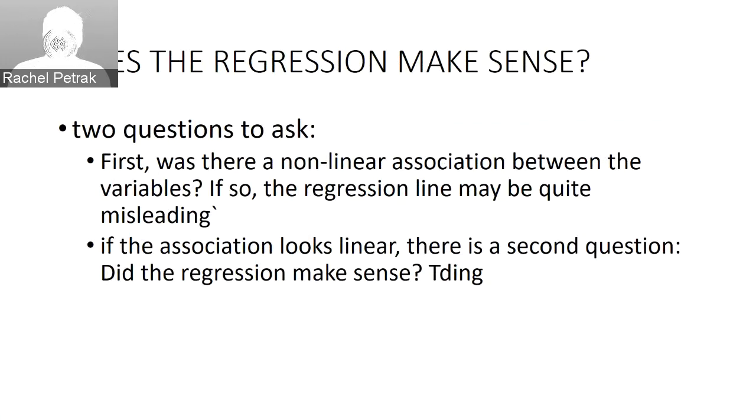Now, if you have looked at a scatter plot and you've ascertained that you do have a linear association, so you know that regression may be valid for this example, then you ask yourself a second question: does the regression itself make sense?